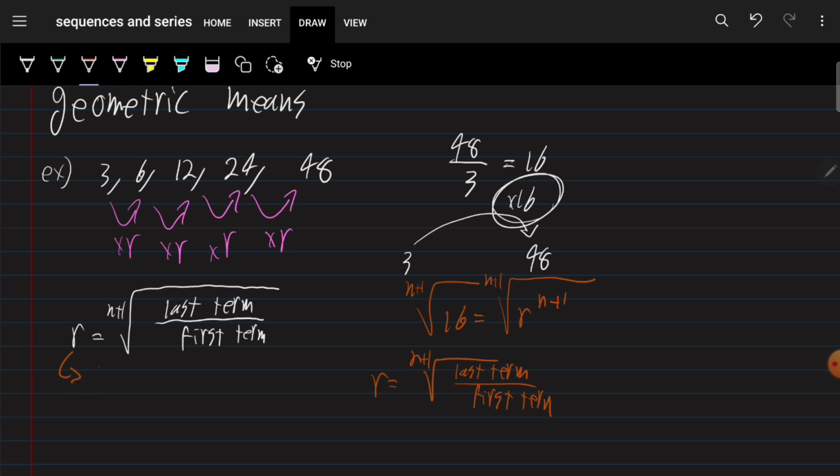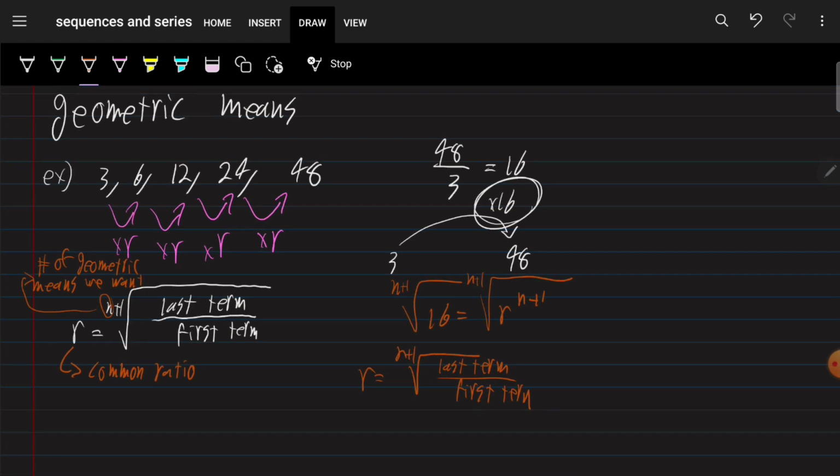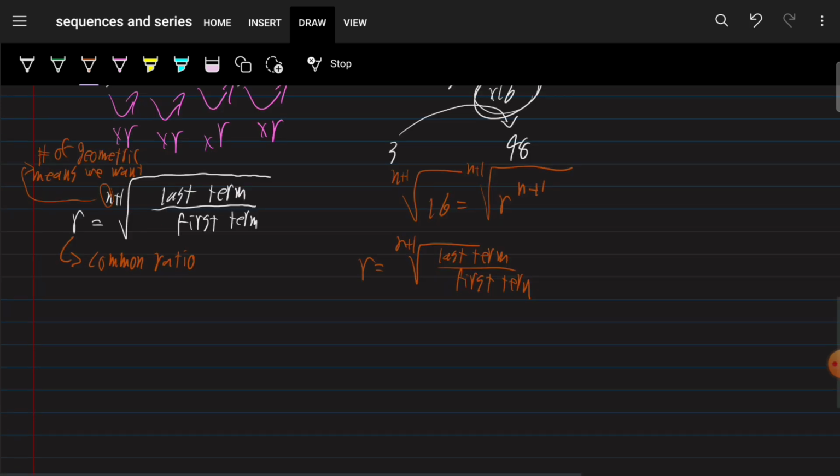So this gives you the common ratio, and the n here is the number of geometric means we want. We'll do a quick example of how to use this formula in this video, just because I don't have any problems on this in the next video.